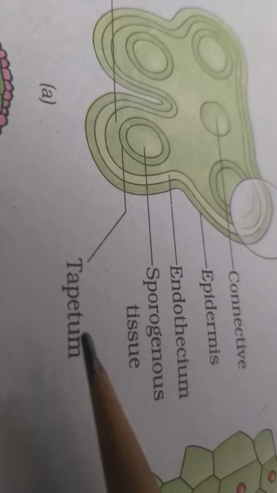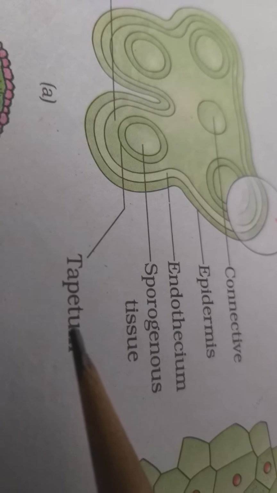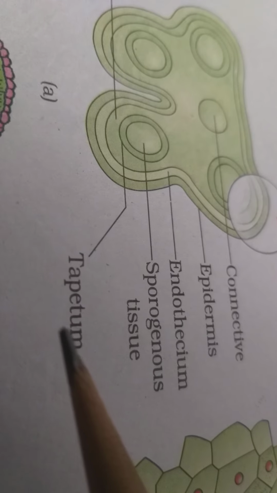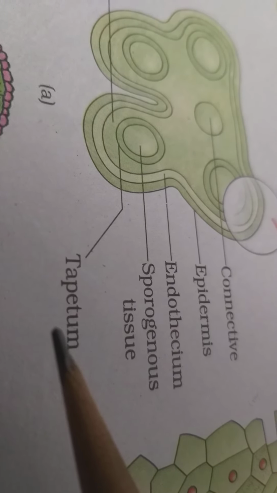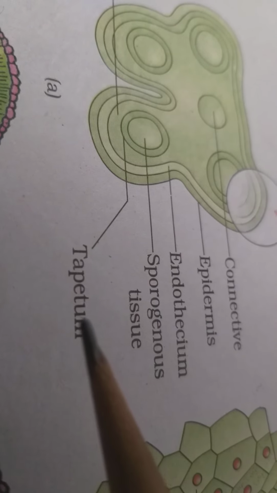It is the innermost wall layer which consists of very small cells. The cells have dense cytoplasm and more than one nucleus.